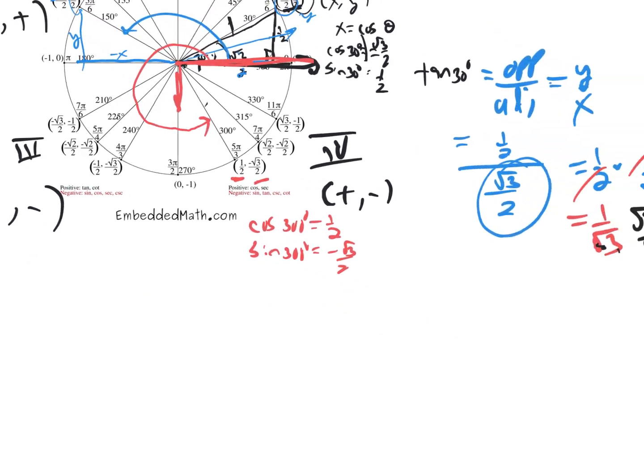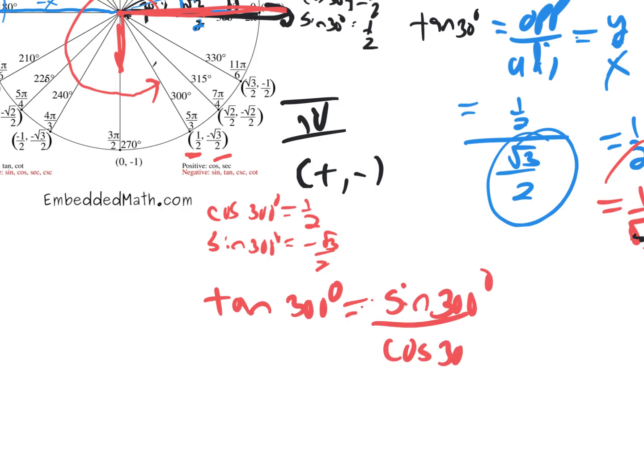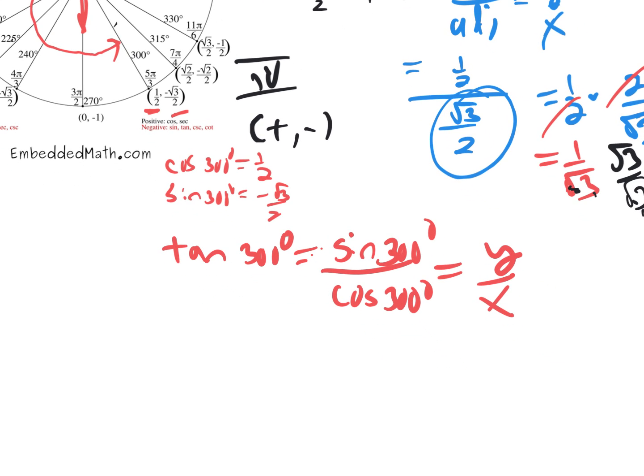And don't forget tangent. It's not that big a deal. As a matter of fact, tangent of 300 degrees is actually the same thing as saying the sine of 300 degrees divided by the cosine of 300 degrees, because sine is the y, cosine is the x. That's one of the identities that I had mentioned to you already. Sine over cosine is tangent.